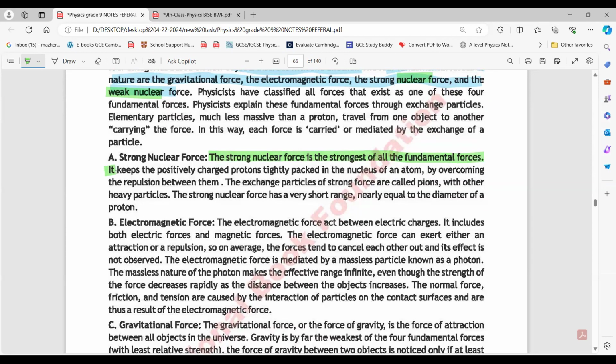Have you heard the name of Dr. Abdul Salam? Why don't you guys answer immediately? Dr. Abdul Salam was a Pakistani scientist, just like Dr. Abdul Qadir Khan, who gave us the atomic bomb.